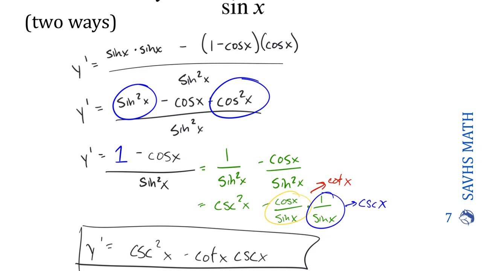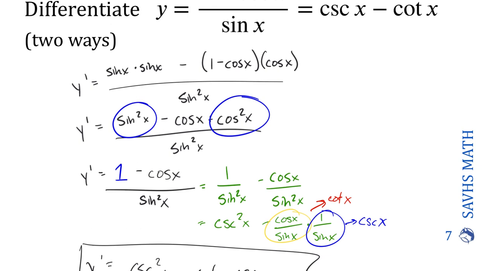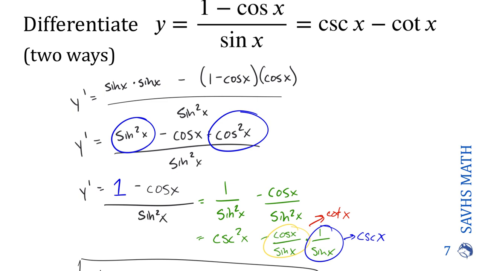I guess I could factor out a cosecant, but I don't love that, so we're going to keep it like that. The other way would be to use the shortcuts from the previous screen. And so the derivative of this is negative cosecant x cotangent x.